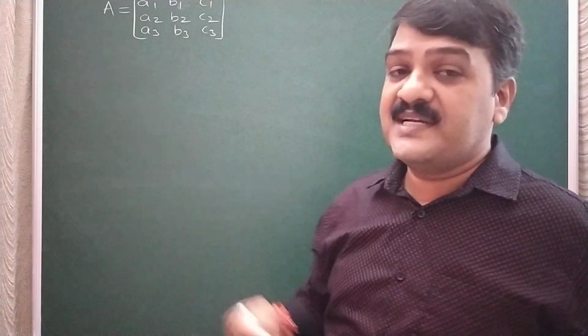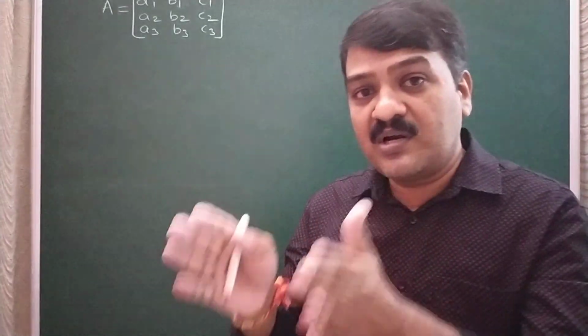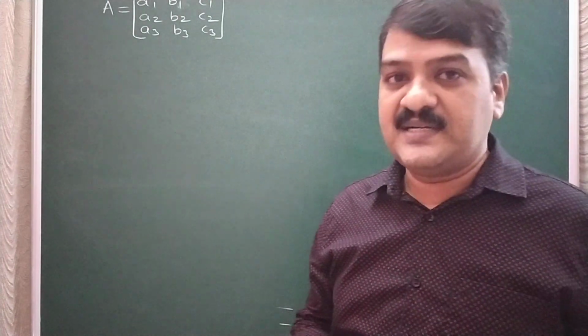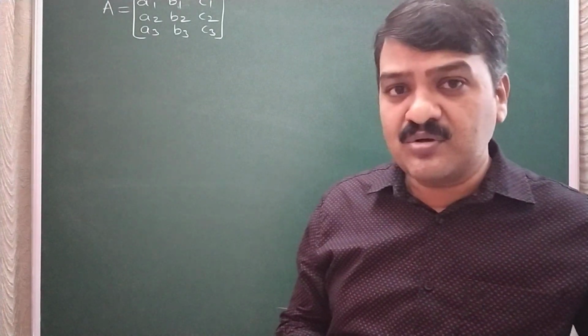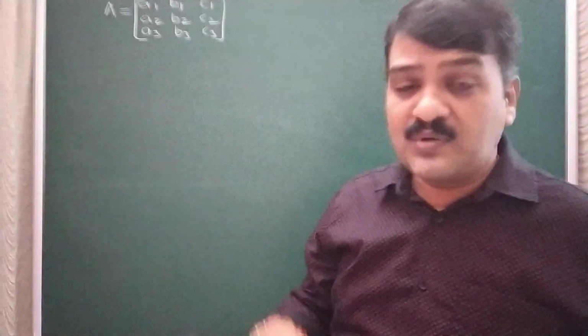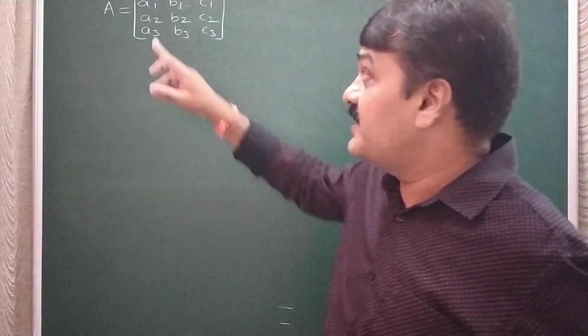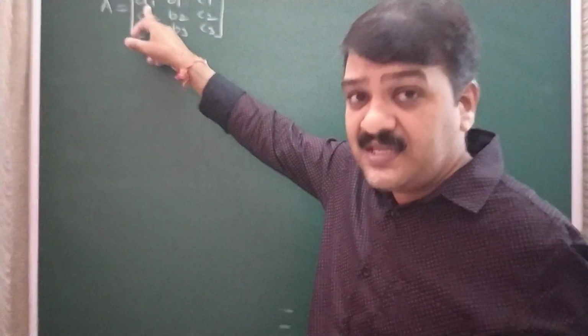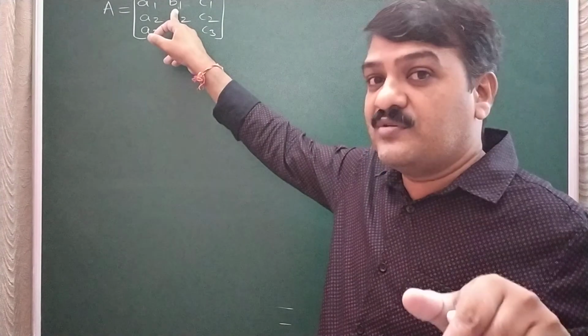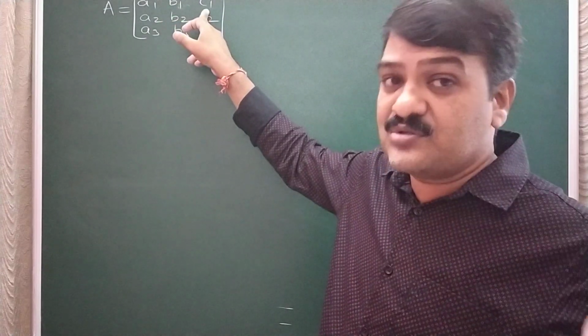So what is the basic definition? It is the sum of the products of the elements with their corresponding cofactors by choosing any one row or column. If I choose the first row, it is A1 into its cofactor plus B1 into its cofactor plus C1 into its cofactor.